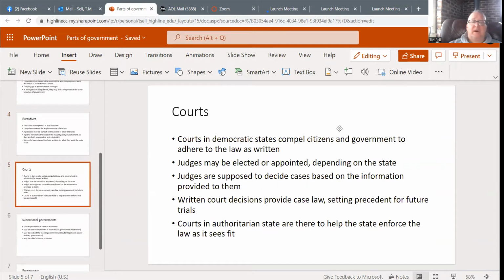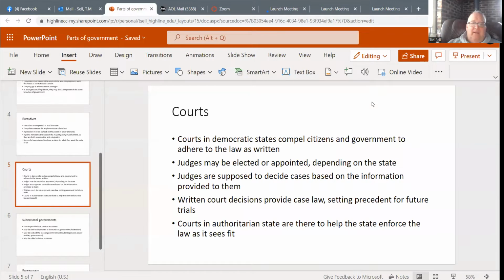Courts. So part of every government is courts. And here again, we have a difference between democratic states and authoritarian states. So in democratic states, courts compel citizens and governments to adhere to the law as written. Right? So if Congress passes a law, if Parliament passes a law, and then somebody does something that contradicts that law, then somebody can file suit and the court can say, no, this is what the law says, you can't do that.